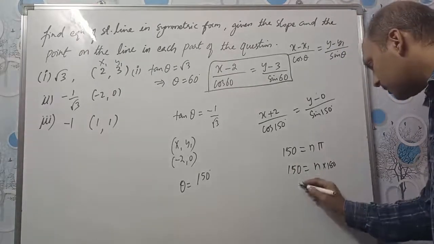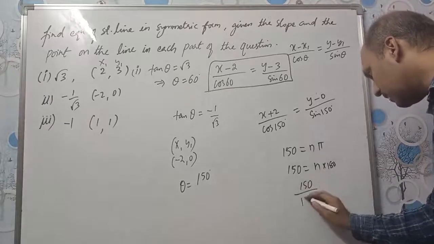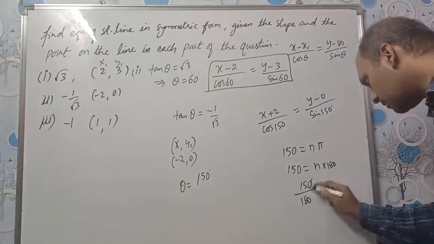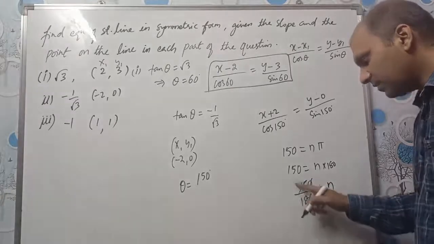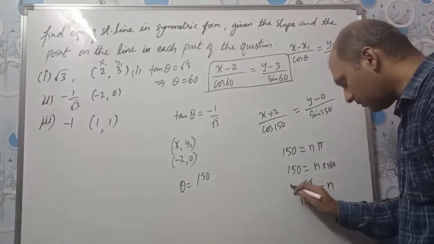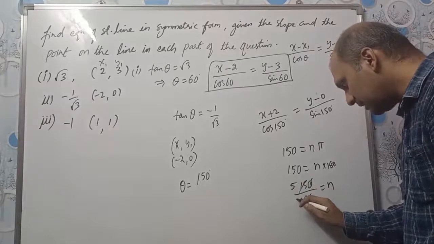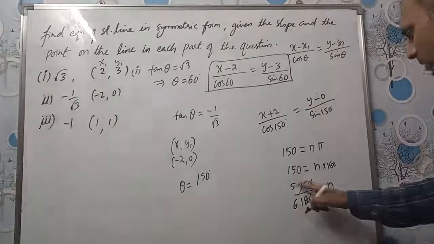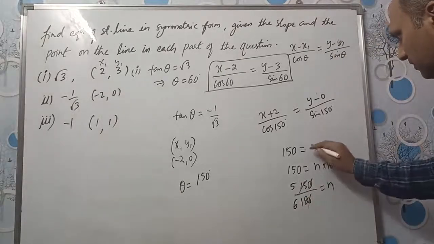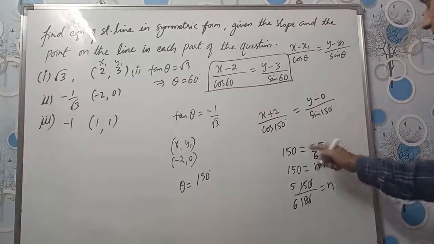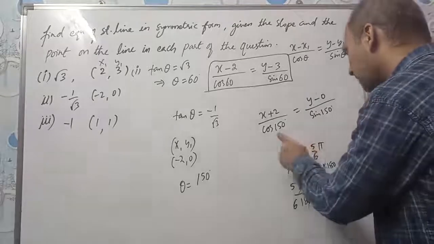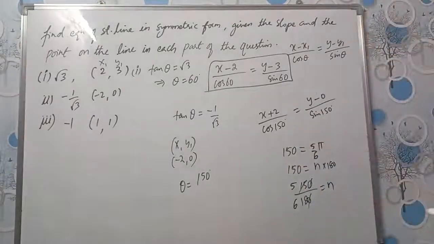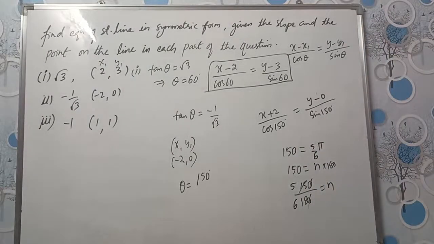So let us send this 180 to the other side. 150 divided by 180 will be equal to n. So 0, 0 will get cancelled. See, 15 and 18 will go in the 5 table. So 5 and here it will be 6. So n is how much? 5 by 6. So 5 pi by 6 is 150. We can write this as cos 5 pi by 6 or sin 5 pi by 6. Alright, I hope you understood this problem.